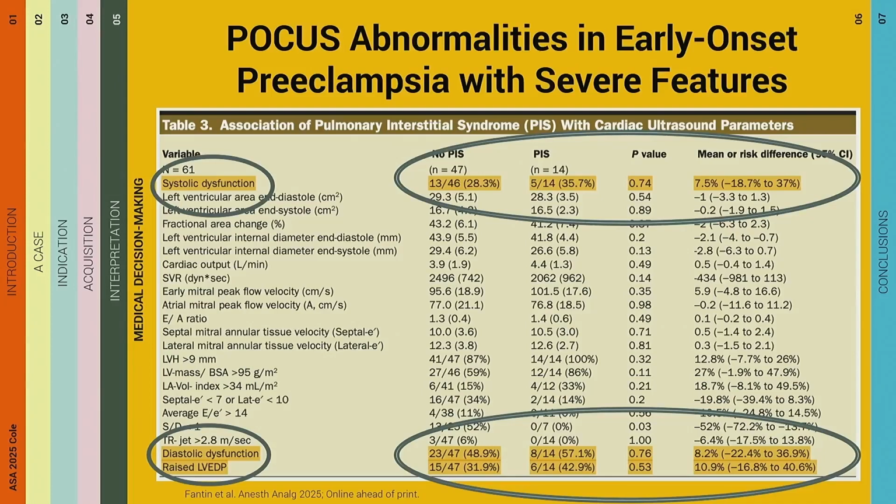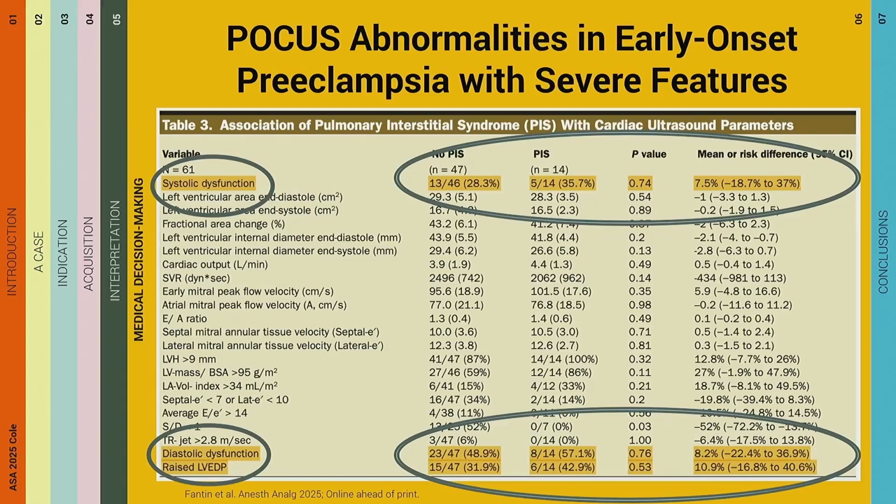And the other table that I want you to see here, because this kind of brings it home, is that you'll see, contrary to their hypothesis, there was actually not any association between early onset preeclampsia with severe features, the cardiac dysfunction, and pulmonary interstitial syndrome, which was not the case in several other studies looking at preeclampsia that were all comers, like late onset in Dr. Ortner's case, and just all comers.